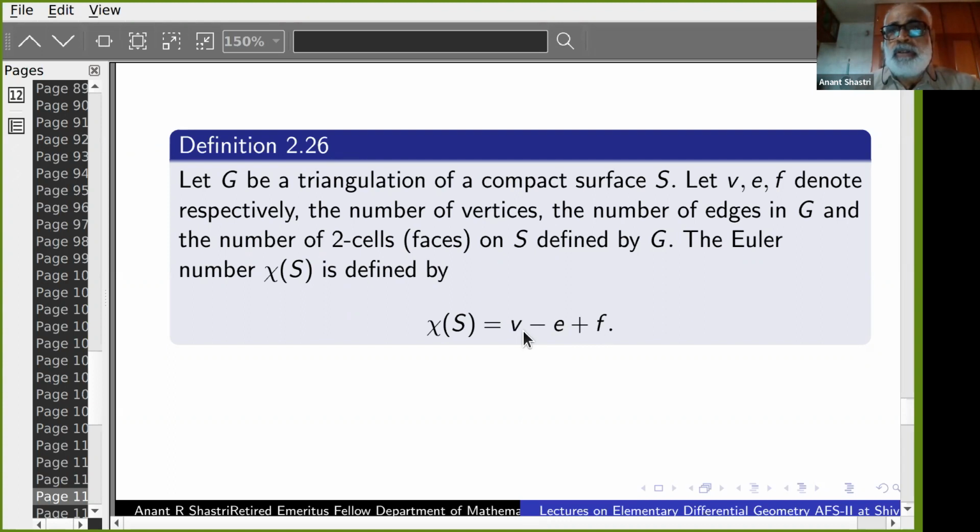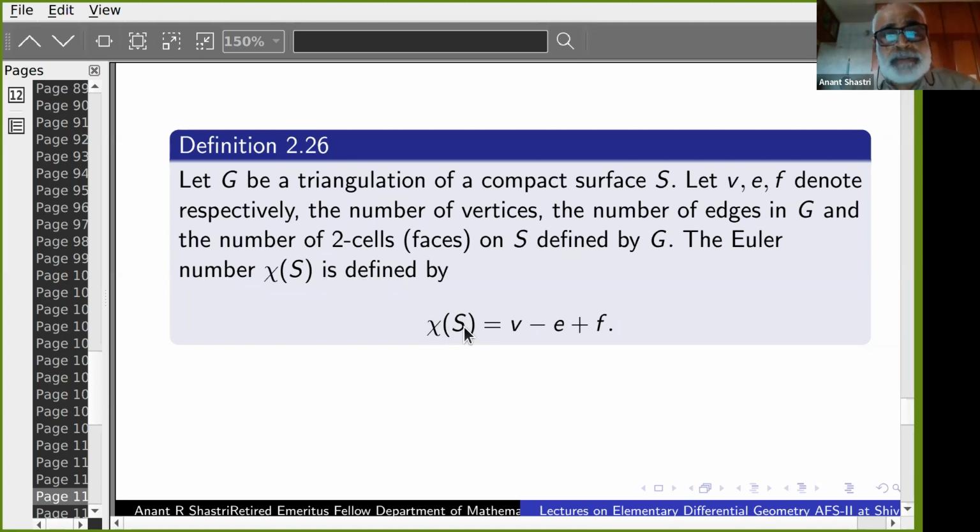So these are 0-cells, vertices; 1-cells, edges; 2-cells, faces. More generally, you can have some dot dot dot here. The alternate sum is what is important here, starting with V0, the vertices. This is the definition of the Euler characteristic chi-S.